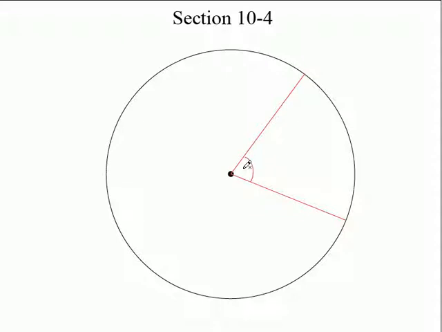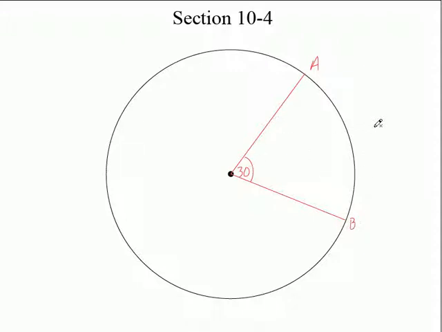Now, I expect you to know this. If this was 30 degrees, and this was arc AB, what's arc AB going to equal? It's going to be 30 degrees. The central angle is equal to the arc that it cuts off, the intercepted arc. So look what this angle does. It hits here at A, hits here at B, creates this arc right here.